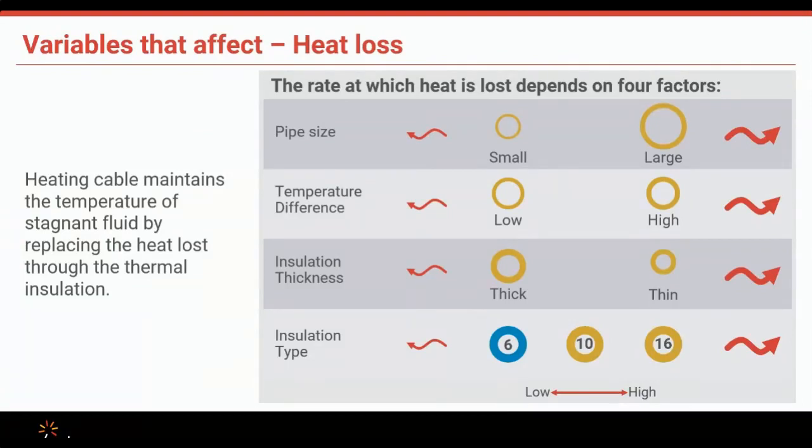The smaller the pipe diameter, the less heat losses you have; the larger, more surface area, more heat losses you have. So if you come to me and say, I have a 2-inch pipe, I might say, okay, we can put a 5-watt cable on there. But if you have a 10-inch pipe, it might end up being a 12-watt cable. So please be aware pipe size is a big factor.